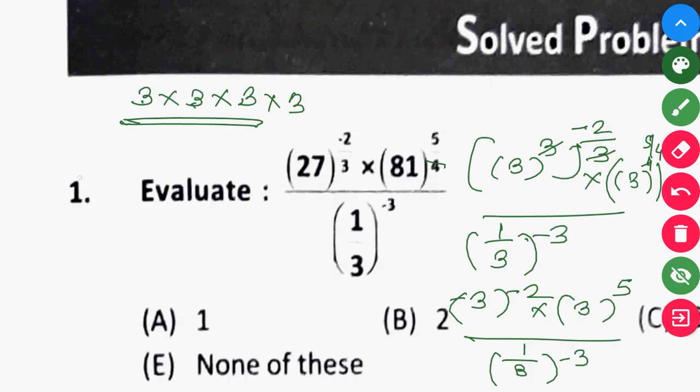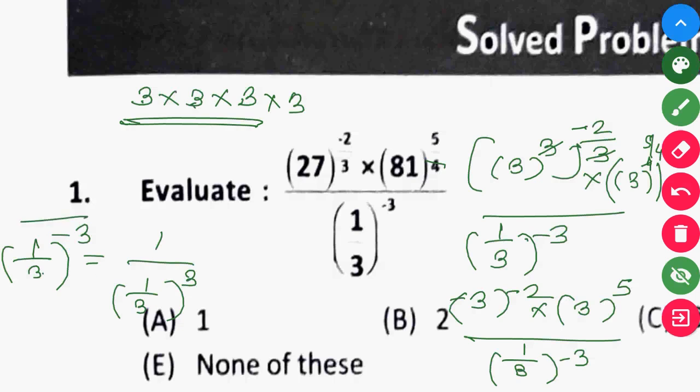Now when we write 1 by 3 raised to minus 3, it is equal to 1 upon 1 by 3 raised to 3.